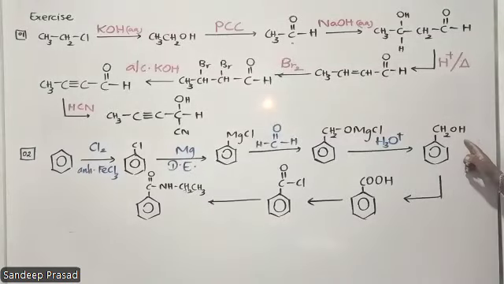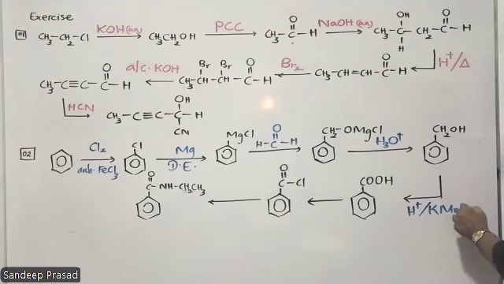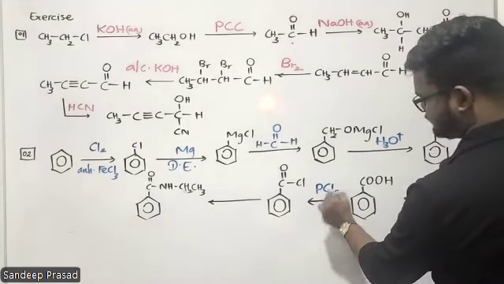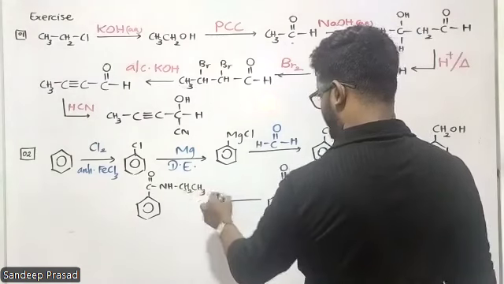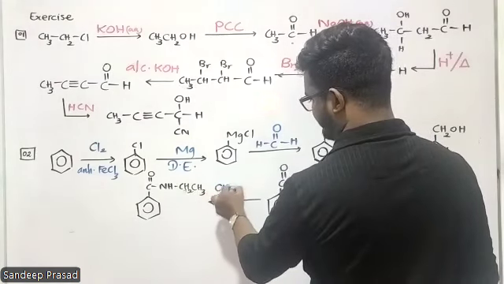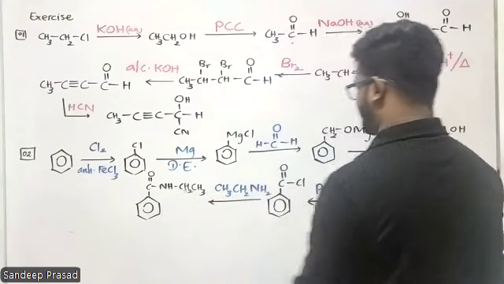Look at this one, primary alcohol converted into a carboxylic acid. So let me use potassium permanganate in acidic medium here. Then PCl5. And here you can see that the chlorine is converted into this. So that means they have added a primary amine like this. Ethylamine, is it?